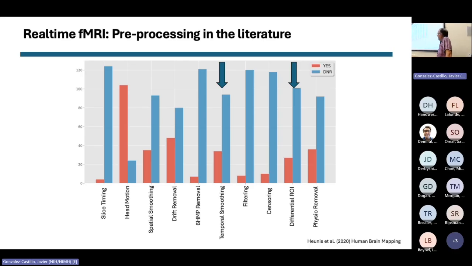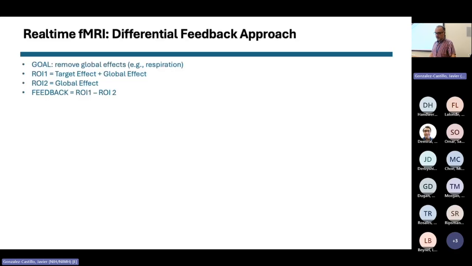And the other idea is using a differential ROI. This is mostly for feedback. The goal of this differential approach is to remove global effects. There are some signals, especially the ones related to respiration, that are present everywhere. So when you're feeding the signal of a given ROI, you want to not feed the component that is global. One easy way to do that is to define 2 ROIs.